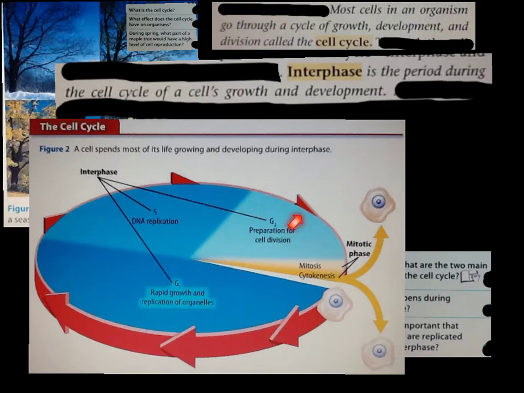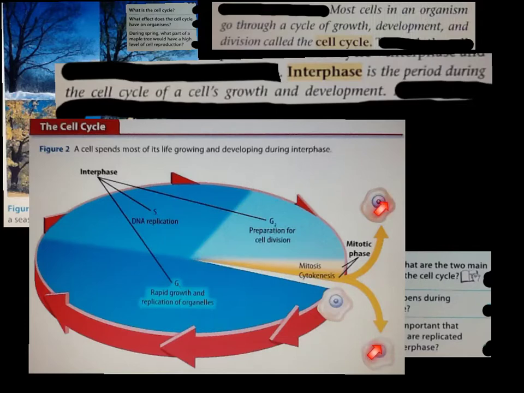Once we get to this part right here, you'll notice that it says mitotic phase. There's a light information there, as well as the yellowish or goldish arrows. So the cell division starts here with mitosis, and then you see cytokinesis, which produces 2 equal identical cells.